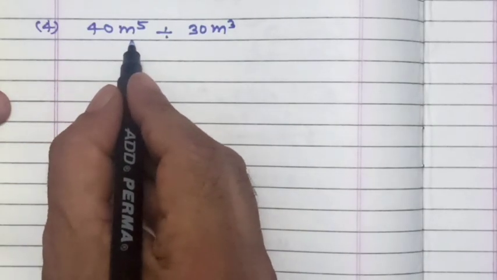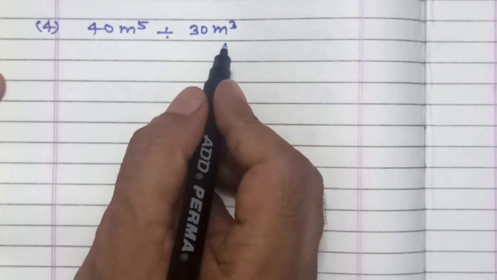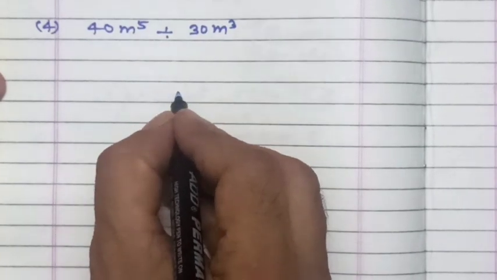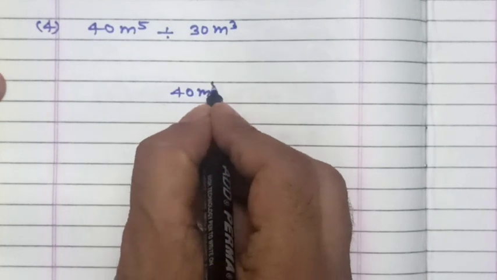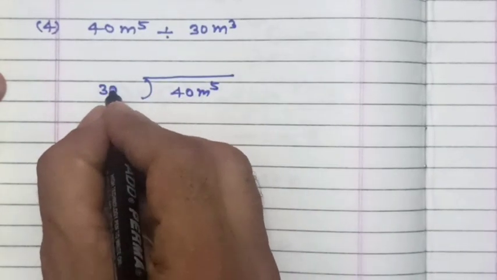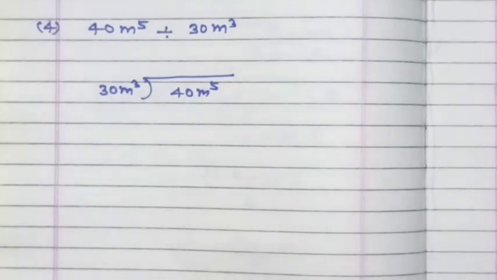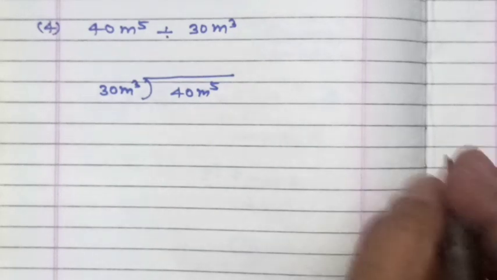Fourth question, 40m raised 5 divided by 30m raised 3, that is m cube. Now inside you will be writing 40m raised 5, outside 30m cube. Try to divide 40 by 30.